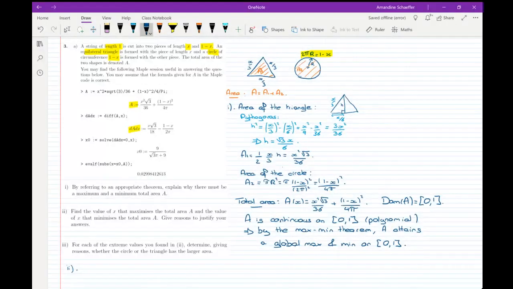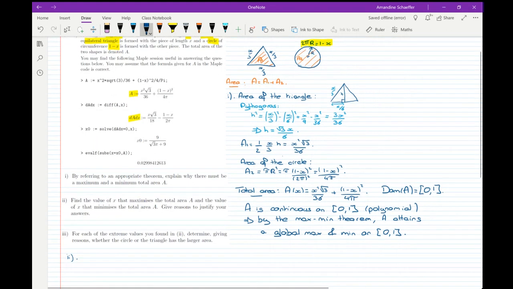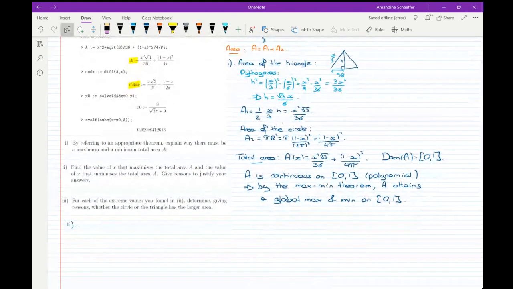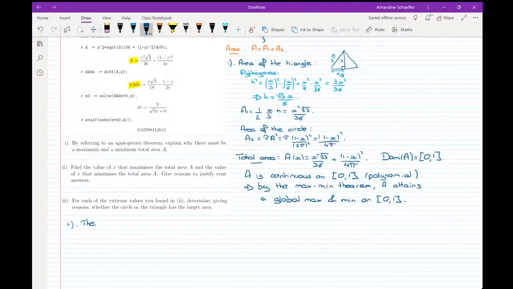All right. So question 2. Find the value of x that maximizes the total area and the value of x that minimizes the total area A, and give reasons. So again, here you need to use what we taught you because it's the right way to do it. So we know that the maximum and minimum points are on what?